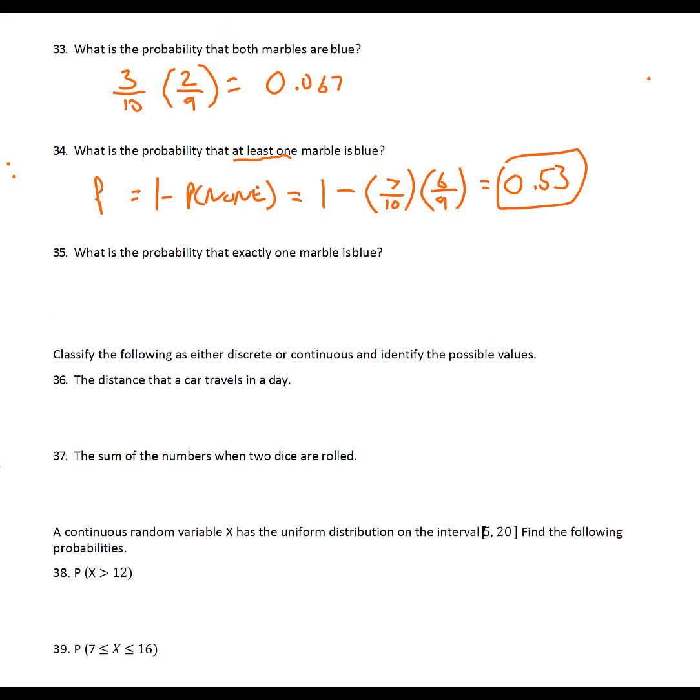So now we're looking at what is the probability that exactly one marble is blue. Exactly one marble is blue. Well, we need to take 3 over 10 to find one blue marble. So we have 3 over 10 are blue. And then out of the rest, we have 7 other marbles, so that exactly 1 is blue.